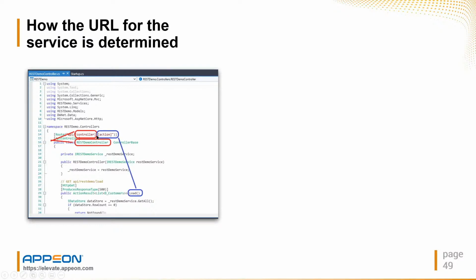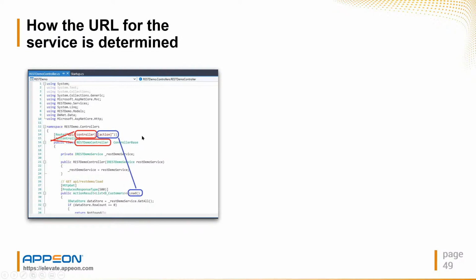And then it has /action in brackets. What that means is find the method name, in this case load, and just put it in there as the URL. So the URL for the load method then becomes API/RESTdemo/load, and the update function, which you can't see down here, but it's called update, would be API/RESTdemo/update.